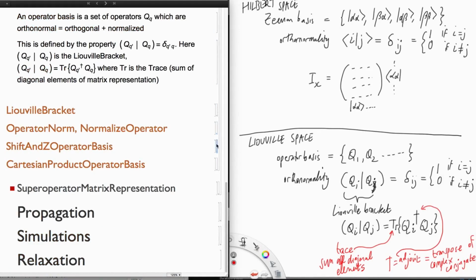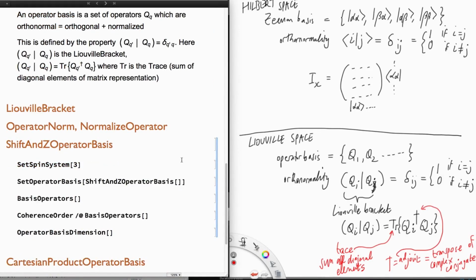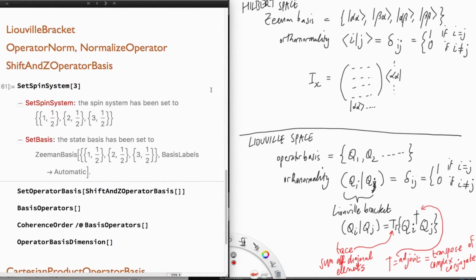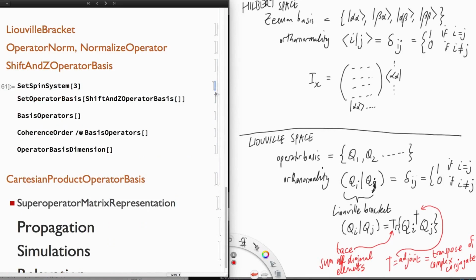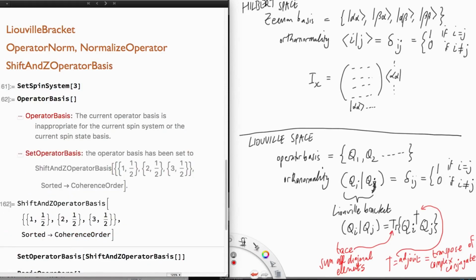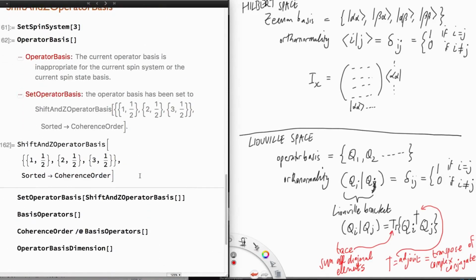So let's look at some bases. Suppose we have 3 spins a half. The default operator basis, which SpinDynamica uses if you don't tell it to use something else, is called the shift and Z operator basis, which has been sorted according to its coherence order.